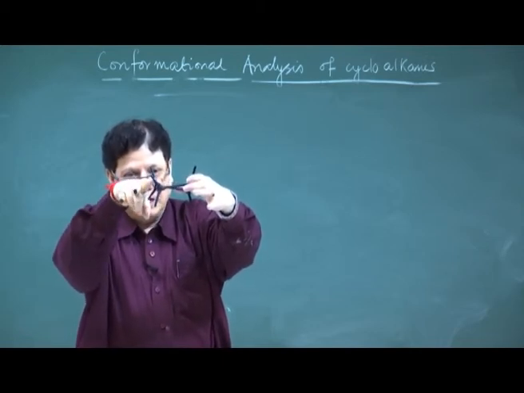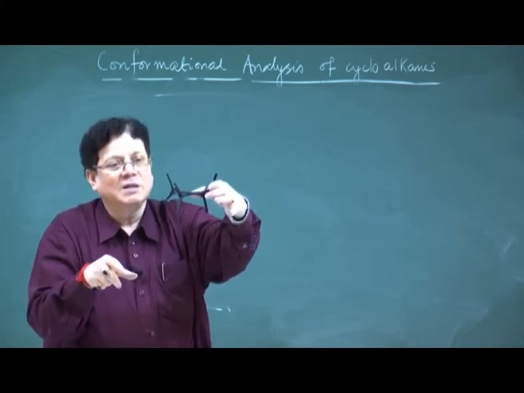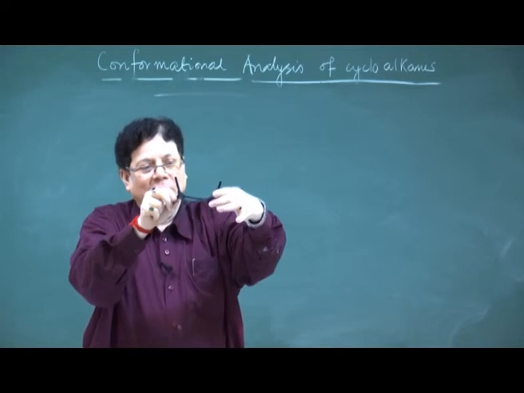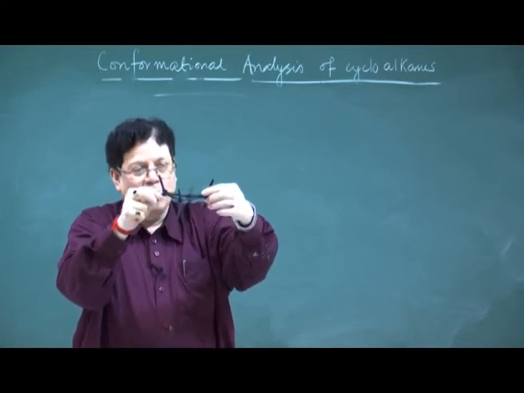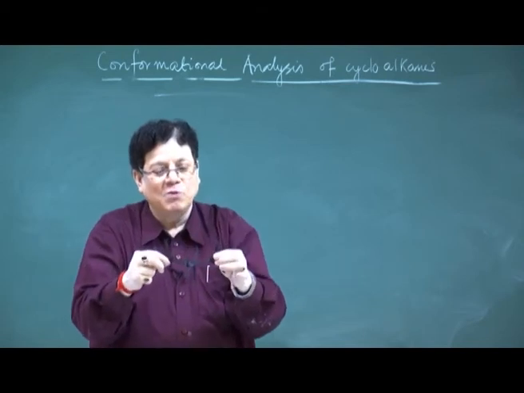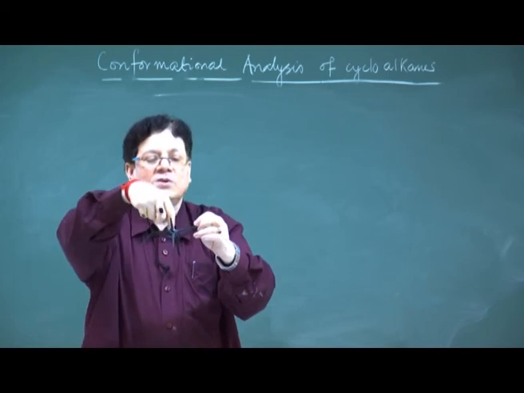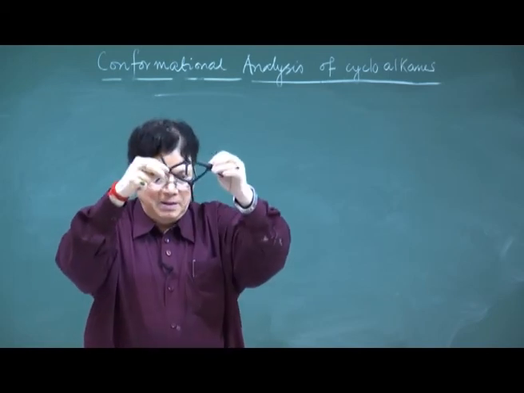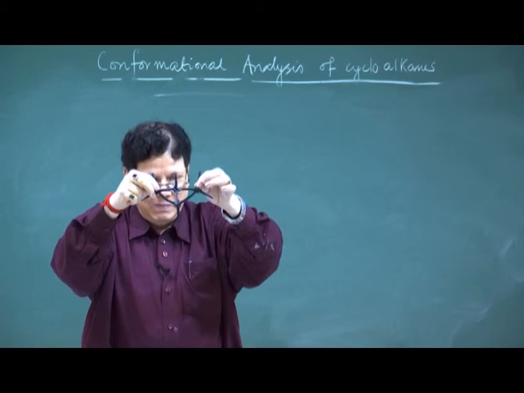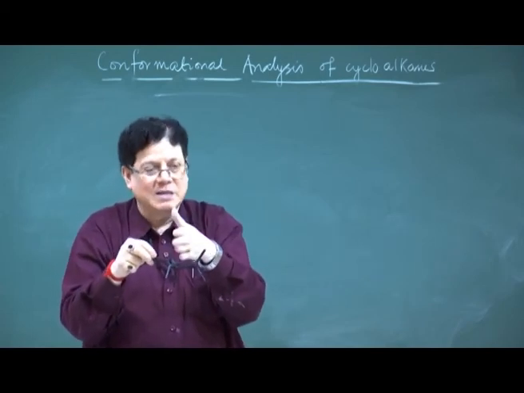So there will be a slight dihedral angle. It's not gauche yet, but the torsional strain will decrease as you move these two carbons upwards. But what happens if you move these carbons upward is that these two angles become less than 90, and if it becomes less than 90, what increases is the angle strain.